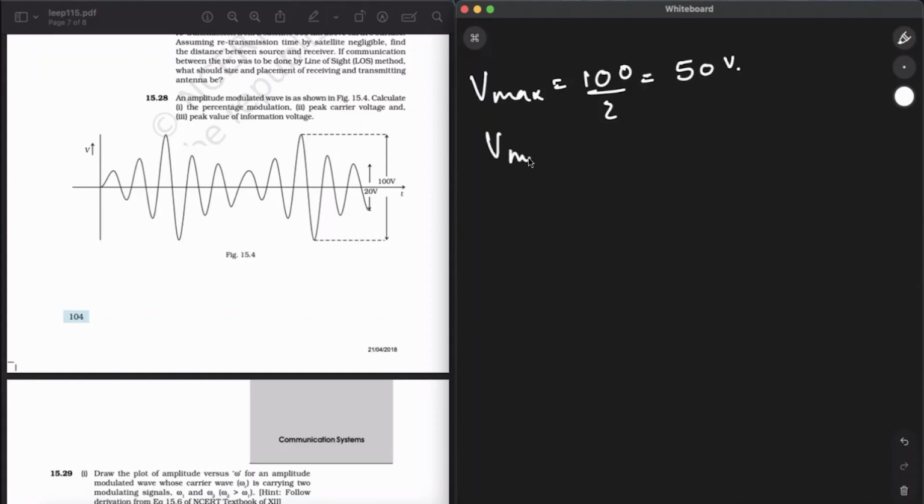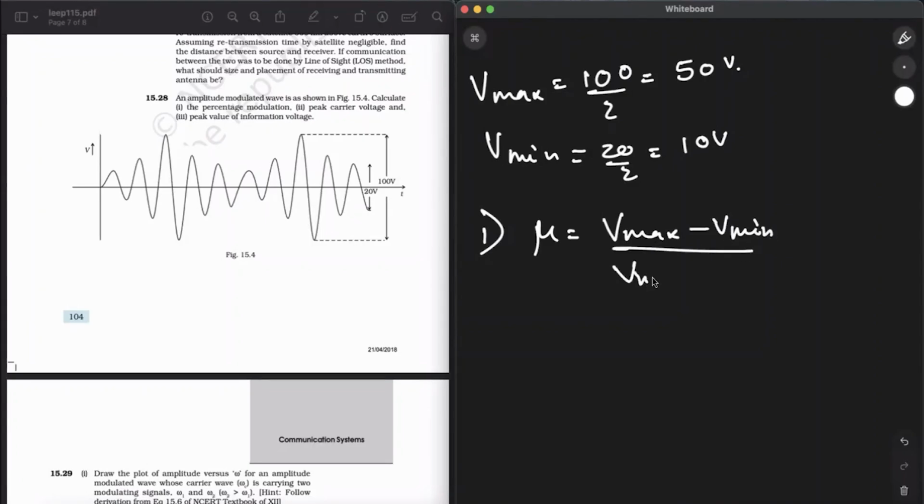And now calculate Vmin. Vmin will be how much? The data has been given that 20 is the distance between the minimum points from the bottom to the top. So it will be 20 by 2, that is equal to 10 volts. Now the percentage modulation. Number one, modulation, the formula like we had done just now, will be Vmax minus Vmin upon Vmax plus Vmin.